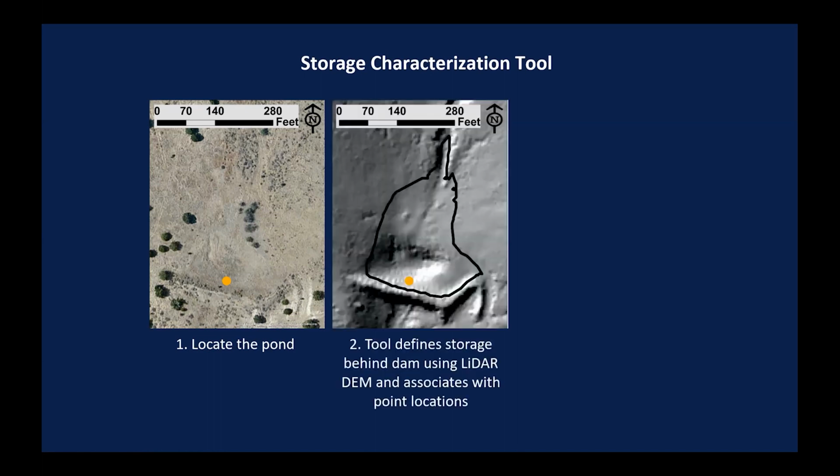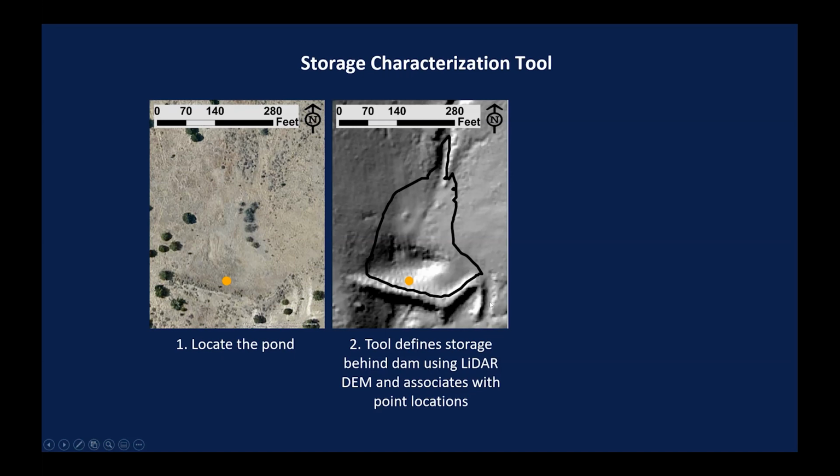Using the DEM, in this case a LiDAR DEM that we had, we could identify the storage behind this pond. Basically, it would be the depth, the area that would be submerged before water started running out of it through this emergency spillway over on the right-hand side.